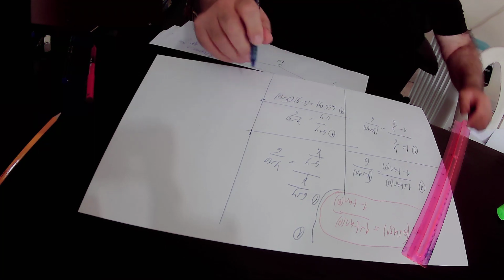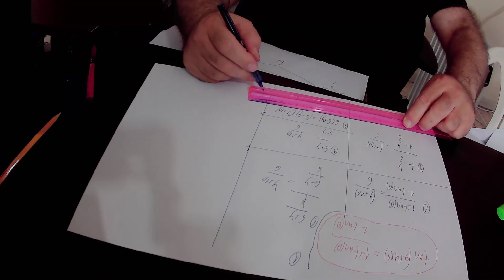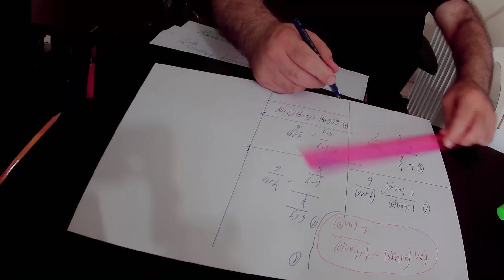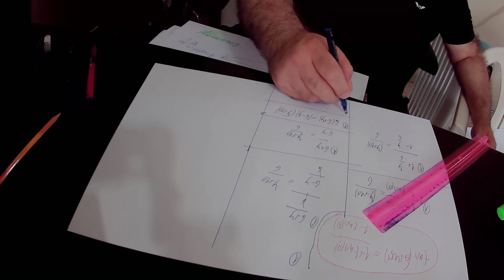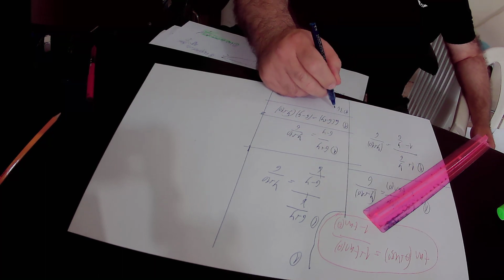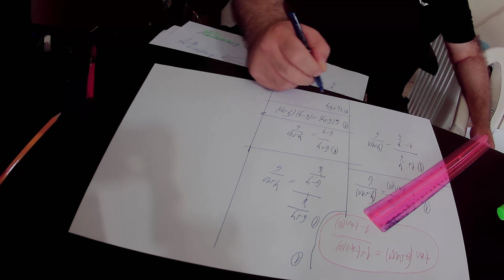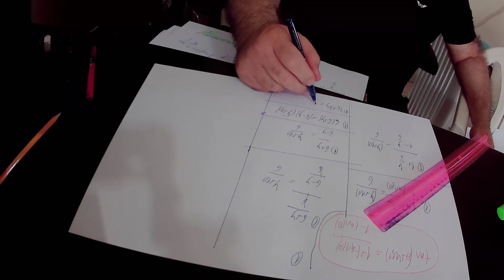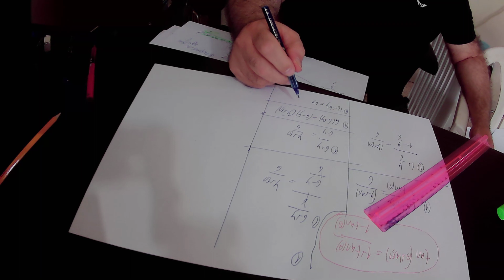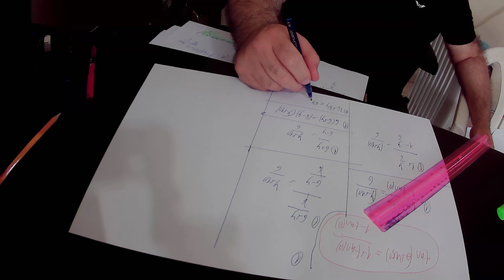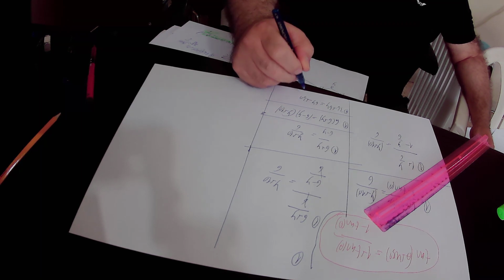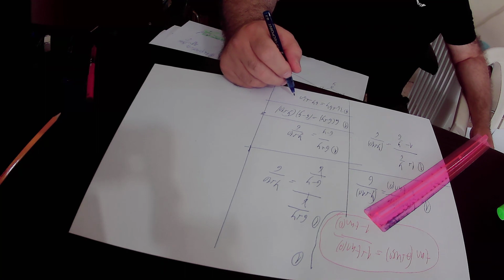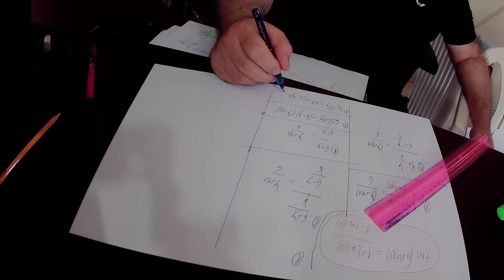Here we'll open the brackets on both sides of equation number 1, and we get 6 times 6 is 36, 6 times y is 6y, and it is equal to 6y plus 6 times 10 is 60, minus y times y is minus y squared, minus y times 10 is minus 10y.